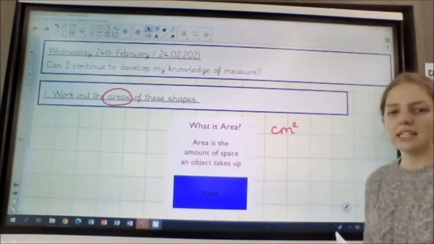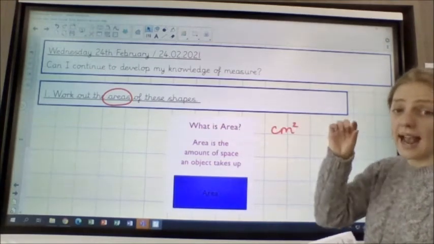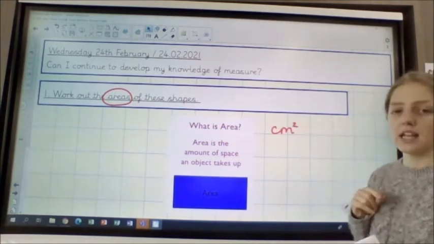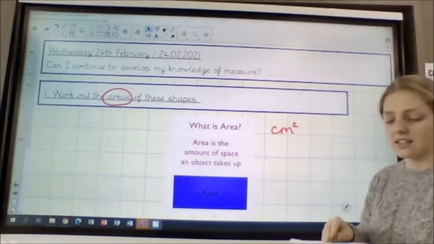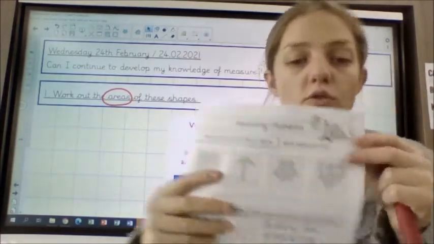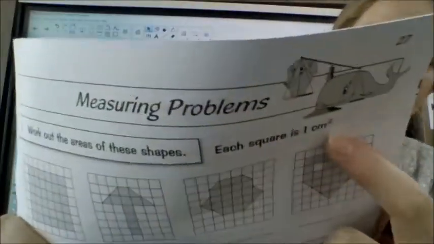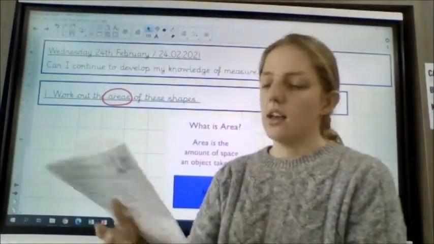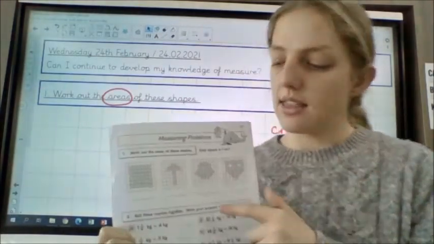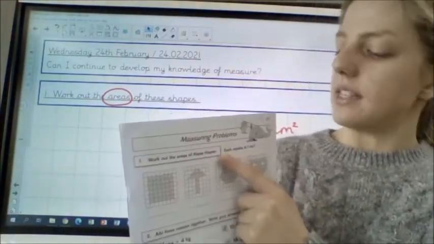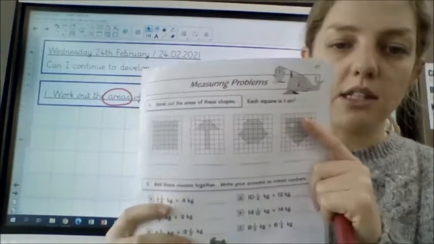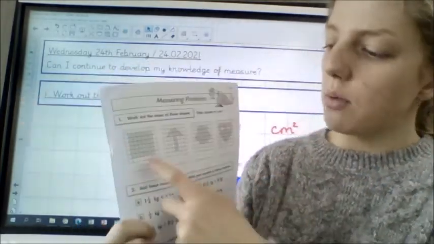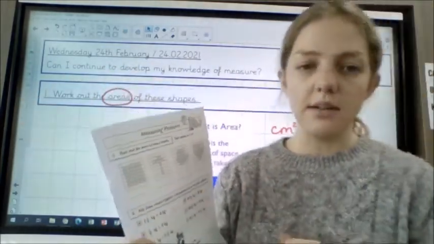So you will put a little number 2, and it has to be little, and it's got to be above centimetres, exactly like that. That's how you write your answer when you work out area. There's a clue here in the text where it says each square is 1 centimetre squared. So they have actually told you that each square is 1 centimetre squared.